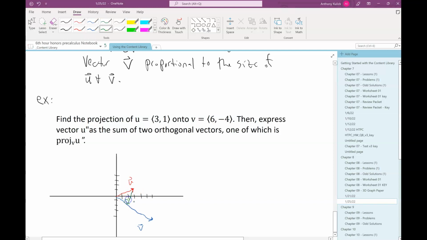So the green's going to be like my vector w, and my gray here is going to be the projection of u onto v. Is kind of what we're doing.